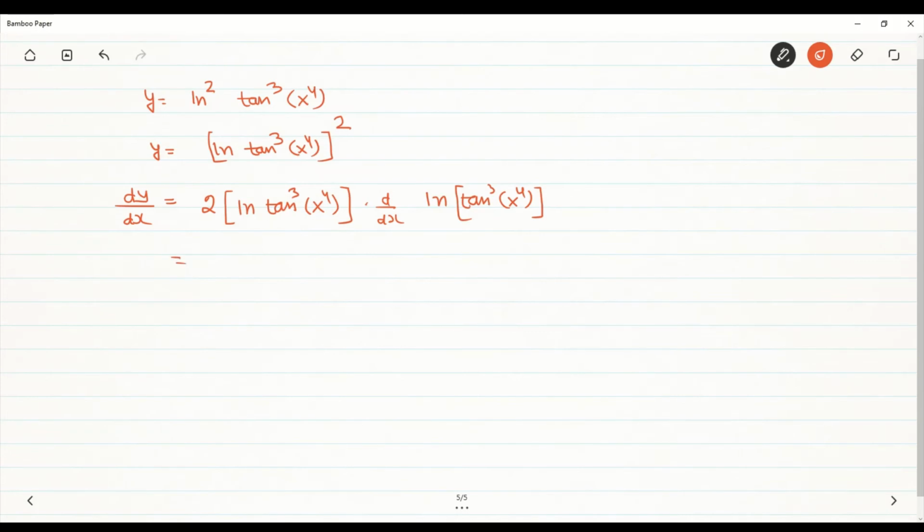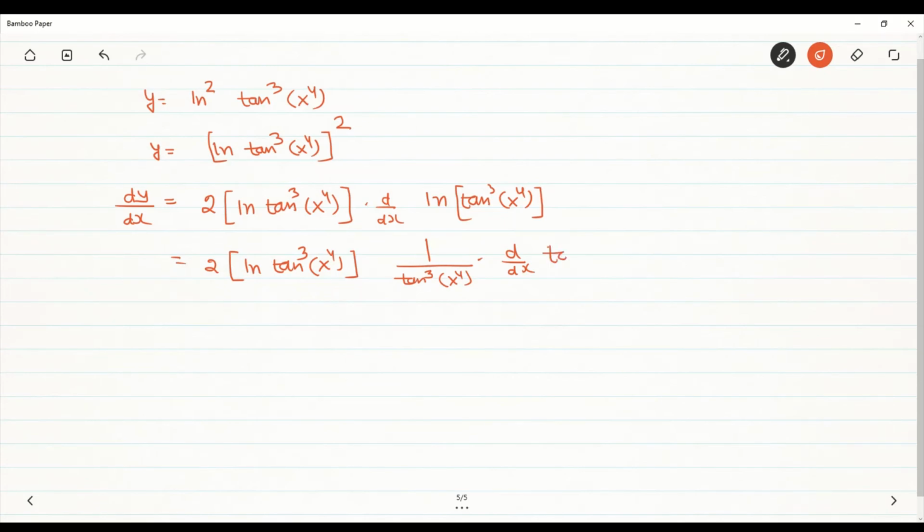Now solving this, it is exactly the same way: 2 times ln tan cube x4, and now the derivative of this. The outer is ln, so the derivative must be 1 upon x, because the derivative of ln x is 1 upon x. So it is 1 upon tan cube x4, and now the derivative of the inner part, which is d by dx of tan cube x4.